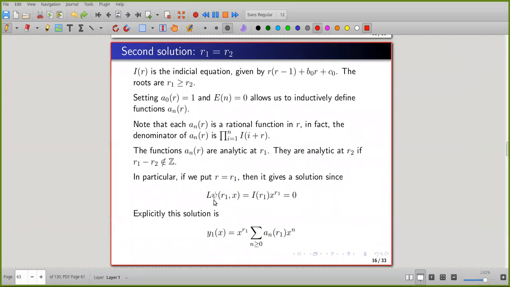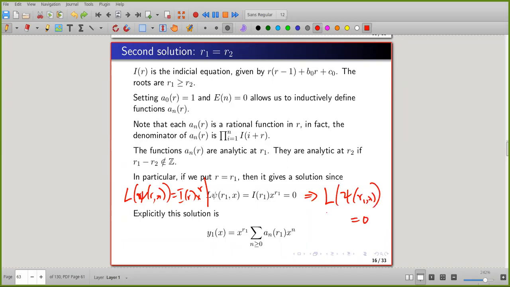So we have this equation: L of psi(r, x) is equal to I(r) x to the power r, and into this equation we put r equal to r1. So this implies that L of psi(r1, x) is equal to 0.